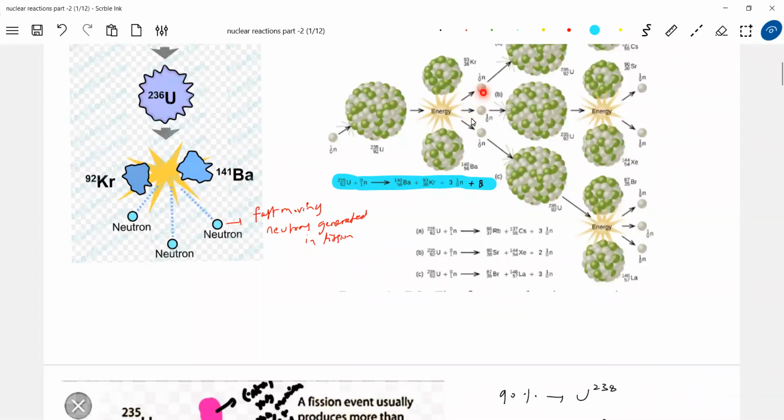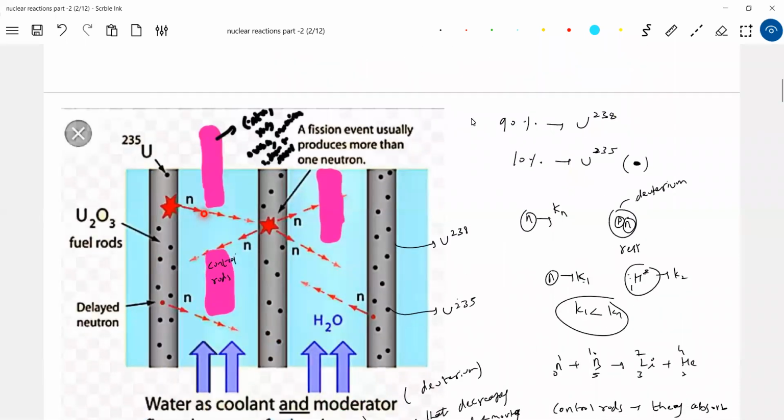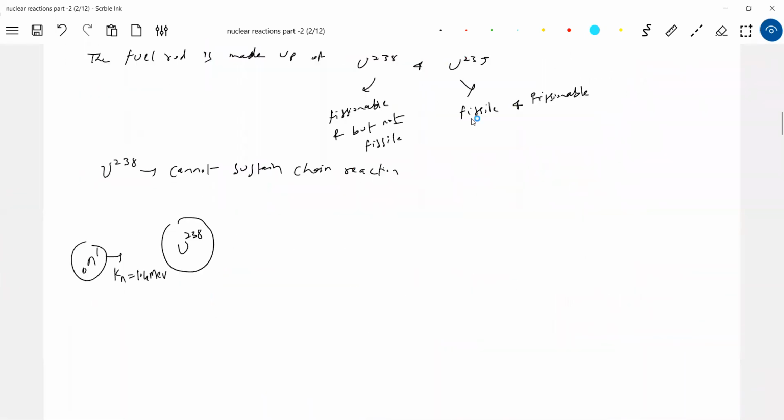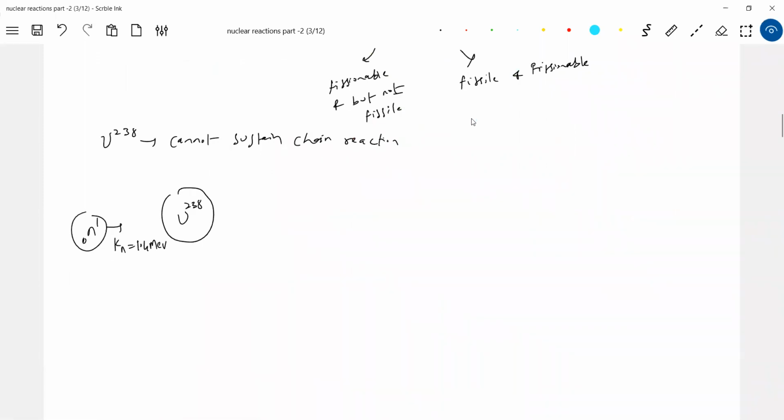Not necessarily. Maybe one neutron will have 3, while another will not even have 1.4. Every neutron cannot have more than 1.5 mega electron volt. So the kinetic energy of the generated neutrons will not be sufficient, and uranium-238 can capture only those neutrons whose kinetic energy is more than 1.4 mega electron volt, and then it will undergo fission.